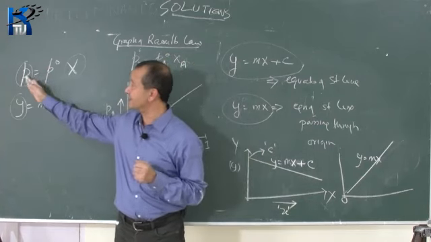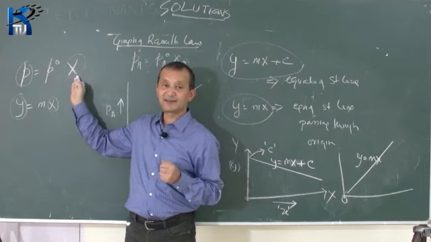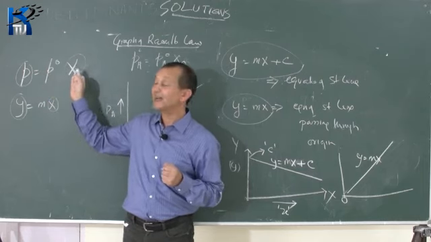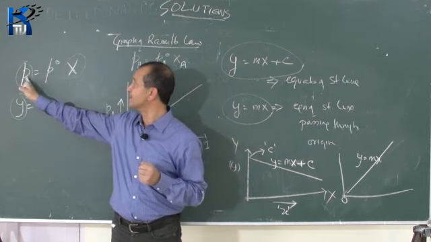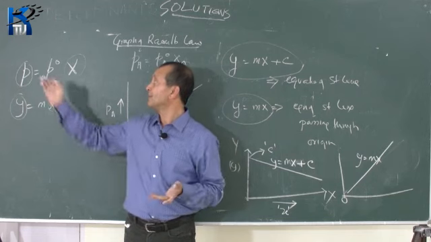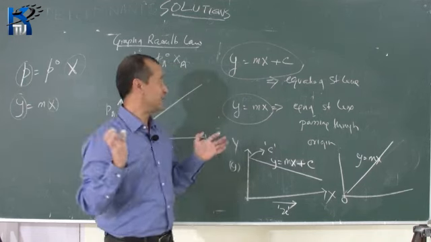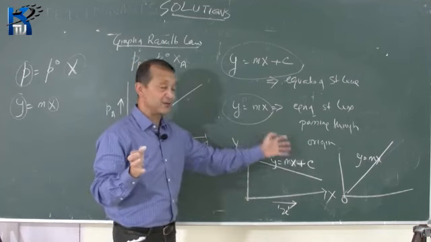If this is the statement of Raoult's law, P is equal to P naught into x, it means the plot of P versus x must be a straight line, because this is comparable to y is equal to mx. So that is using coordinate geometry.